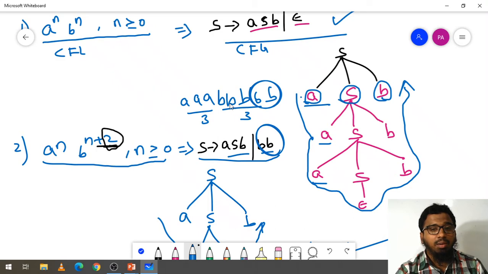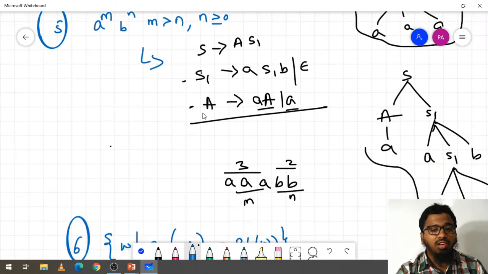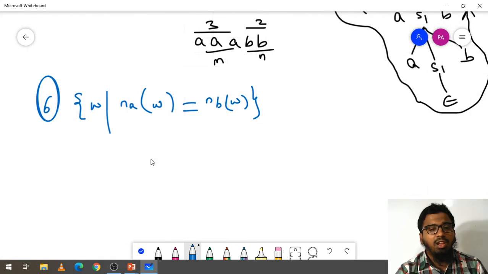But if we have, like, a on the left side and b on the right side, it is not telling anything of that kind in this equation. Anywhere a is, left side or right side, it doesn't matter, but they must have an equal number of a's and b's. So how to do that?